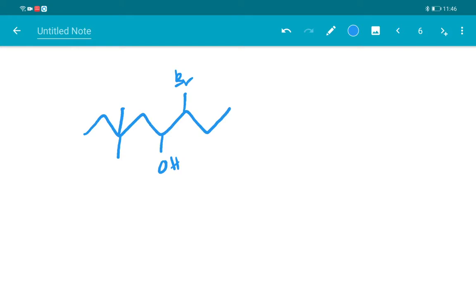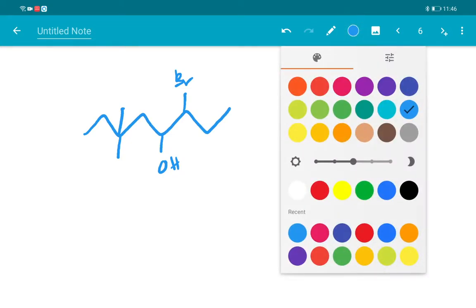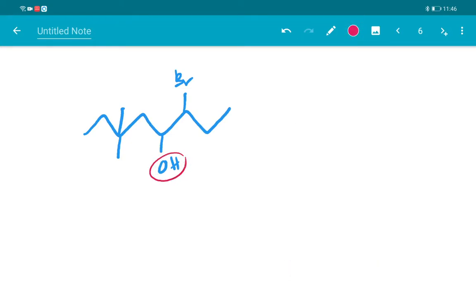Okay, first step, we're going to identify what are the functional groups present inside the structure. So, kita nampak di sini, kita ada alcohol dan juga kita ada alkyl halide. So, based on the priority, we know that alcohol has the higher priority compared to the bromine. From here, we're going to decide numbering mana kita nak pakai.